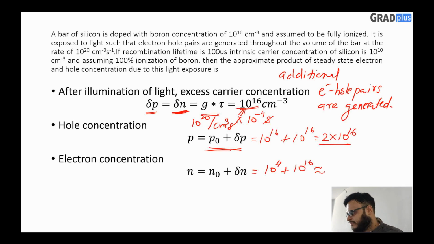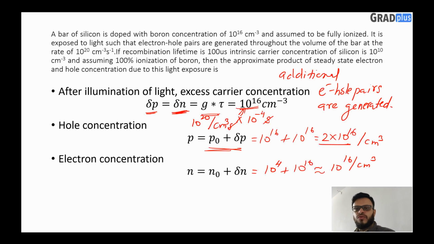So that will again be 10 power 16, per centimeter cube. These are the two things we get: the hole concentration and the electron concentration at steady state.